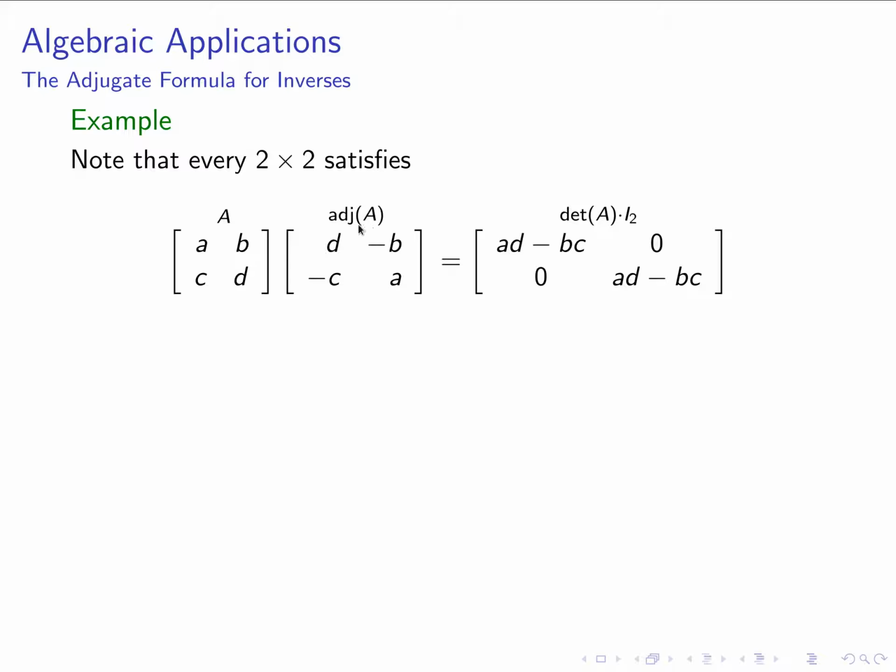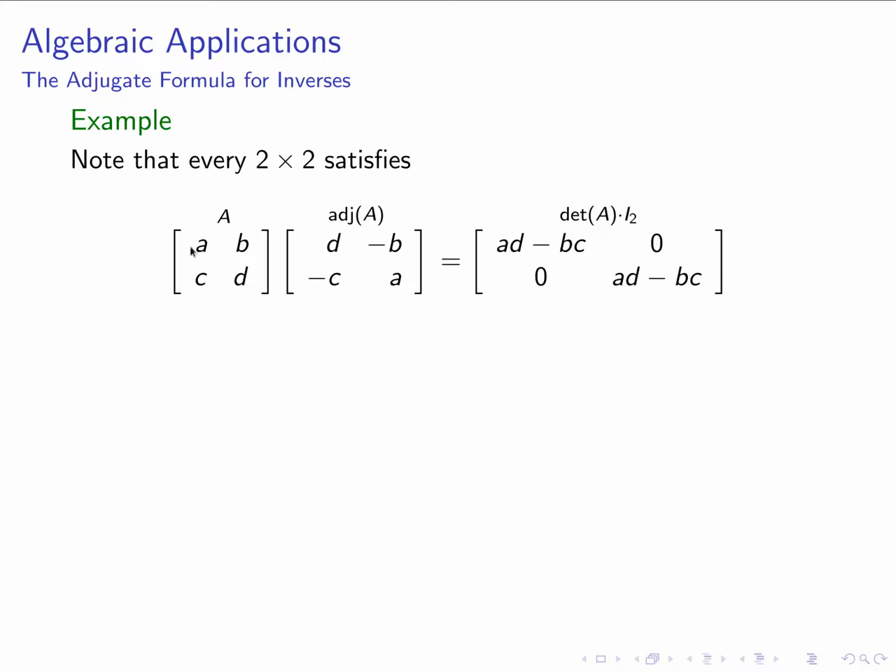And here's something interesting. When we take A and multiply by its adjugate on the right, we produce a new 2x2 matrix that has zeros on the non-diagonal entries, so it's a diagonal matrix. Looking closely at the diagonal entries, they're both the same, and equal to AD minus BC.